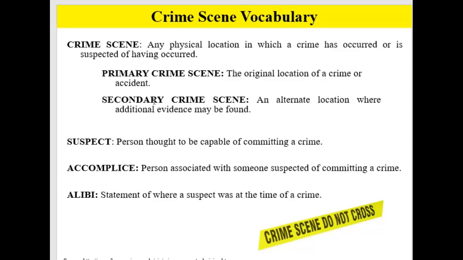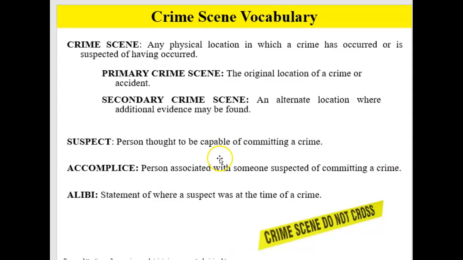An accomplice is anybody who actually helps out with the crime. So think about a bank robbery. If there's going to be a bank robbery, you're going to have somebody in the car driving, and then somebody, or many people, who actually do the bank robbery. So in this case, we would have the robbers, the people who actually did the crime, and the accomplice would be the person who was the driver.